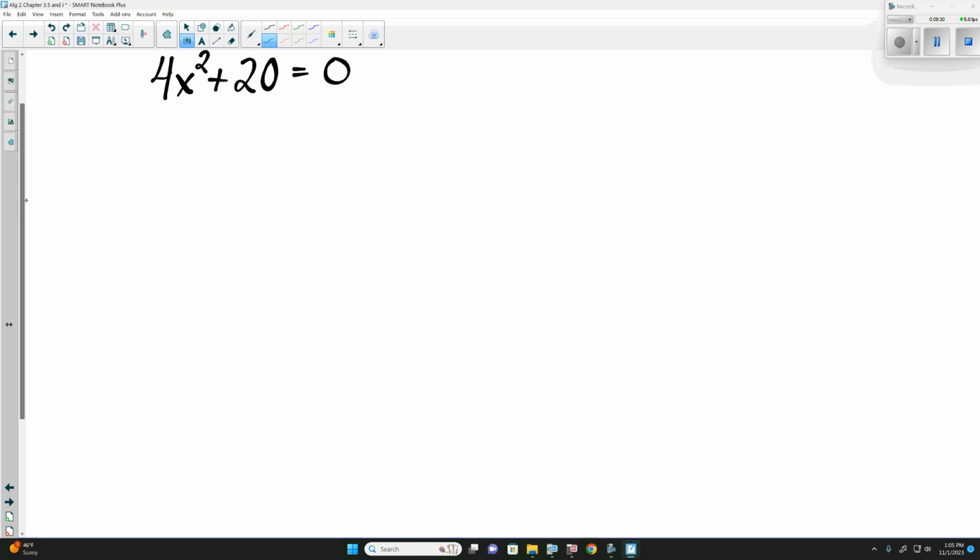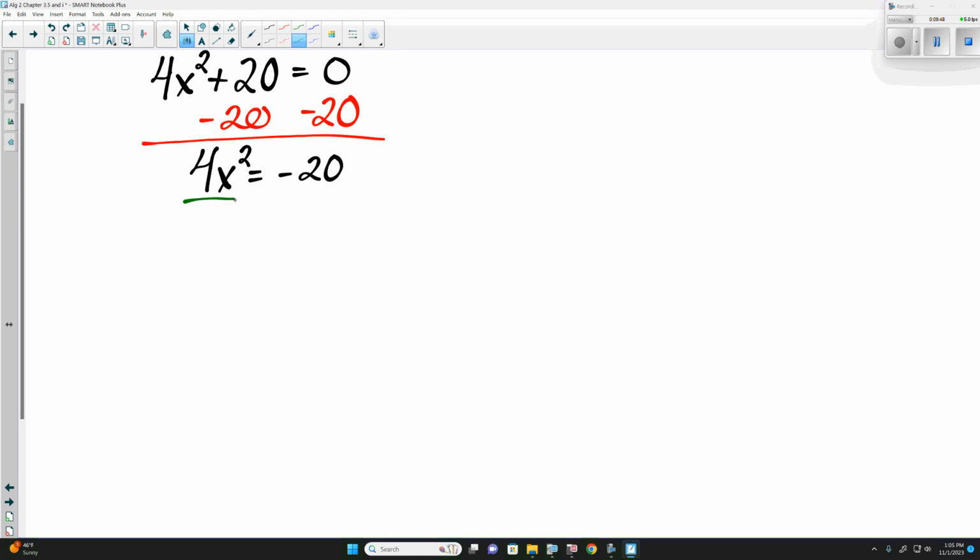The first step in solving this is to subtract 20 from both sides, since we're going to use the square root method, which will tell us that 4x squared equals negative 20. Our next step would be to divide both sides by 4, telling us x squared is equal to negative 5.